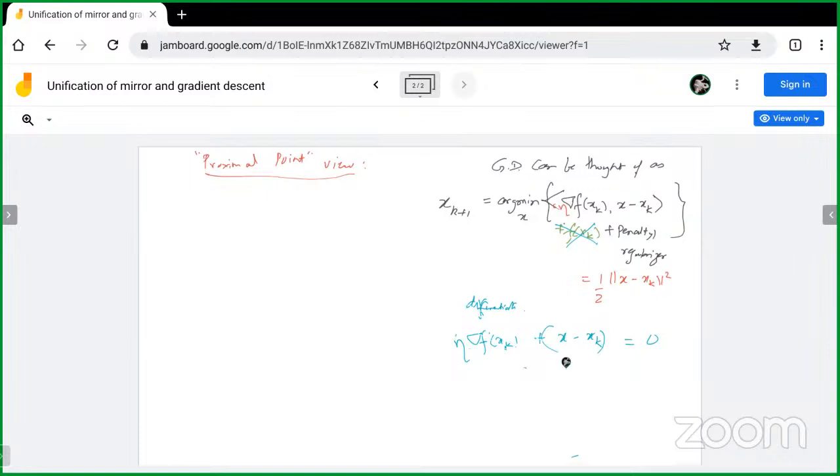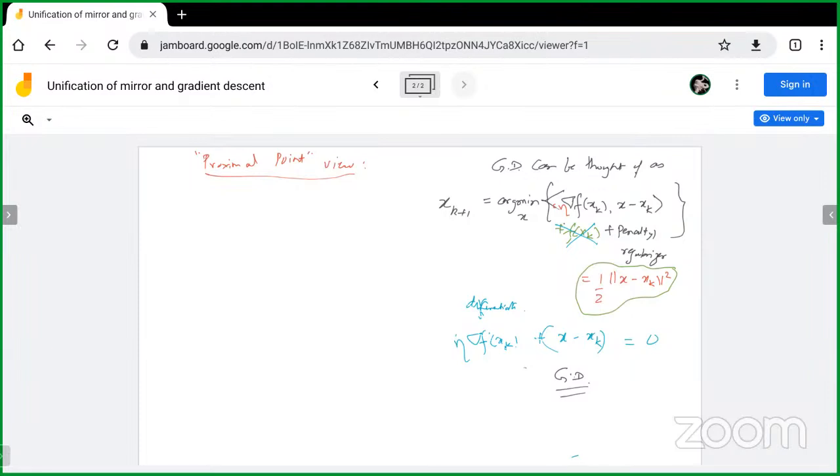But now one might ask, is there a good reason why this penalty is the right one? Especially if maybe you're working in a different norm, then maybe the penalty will also be different. So here comes the new idea that instead of this penalty, you use a different penalty.